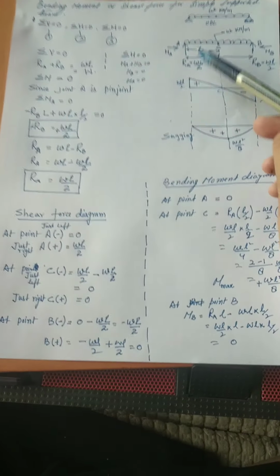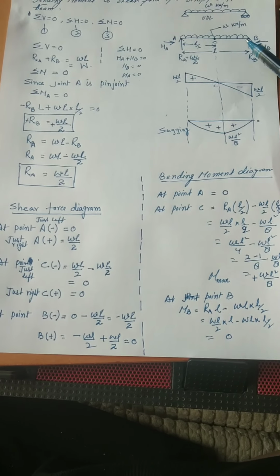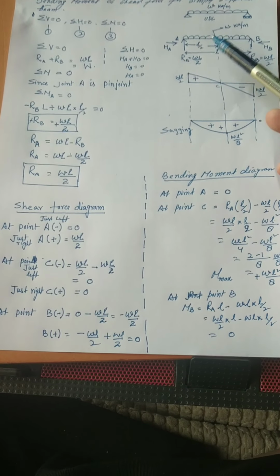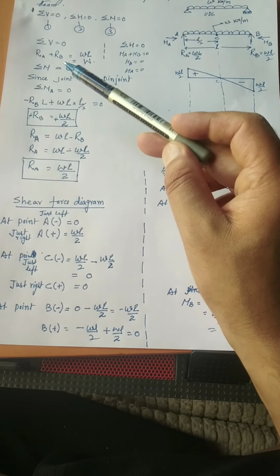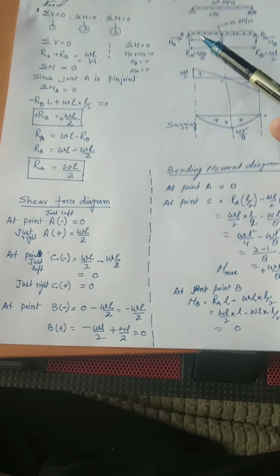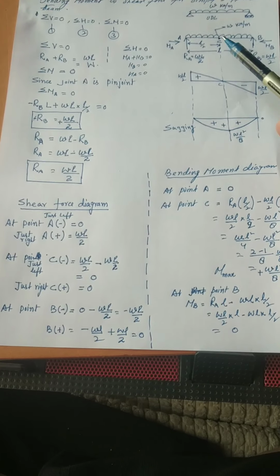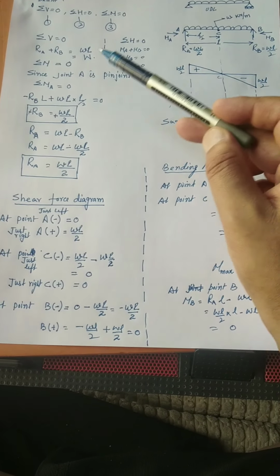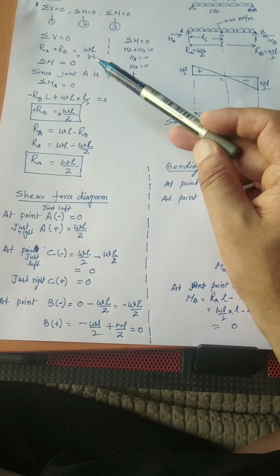Taking the upward forces as positive, that is RA plus RB minus W over a distance of L equal to 0, or in other words, RA plus RB should be equal to WL. Upward forces should be equal to downward forces, because the downward force is small w over a distance of L, and I will treat that WL as the whole W, that is the weight.